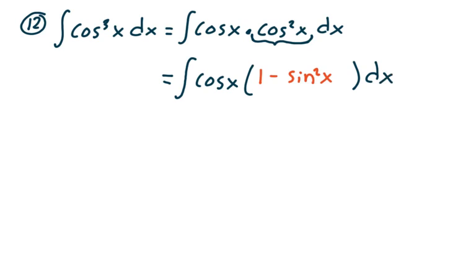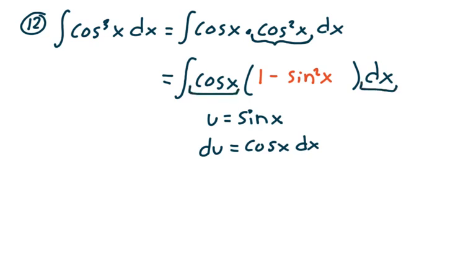And then notice that the derivative of sine of x is cosine of x. So I'm going to let u equal sine of x. Du is cosine x dx. So this part and this part get replaced with du.